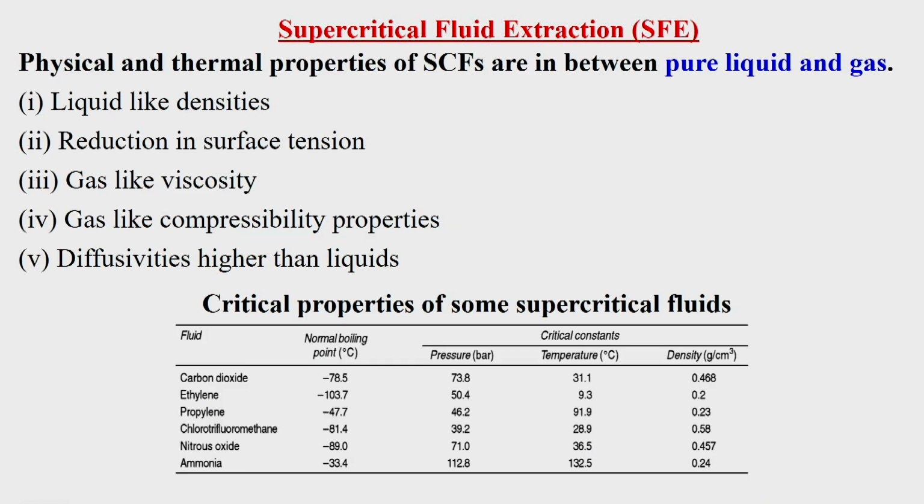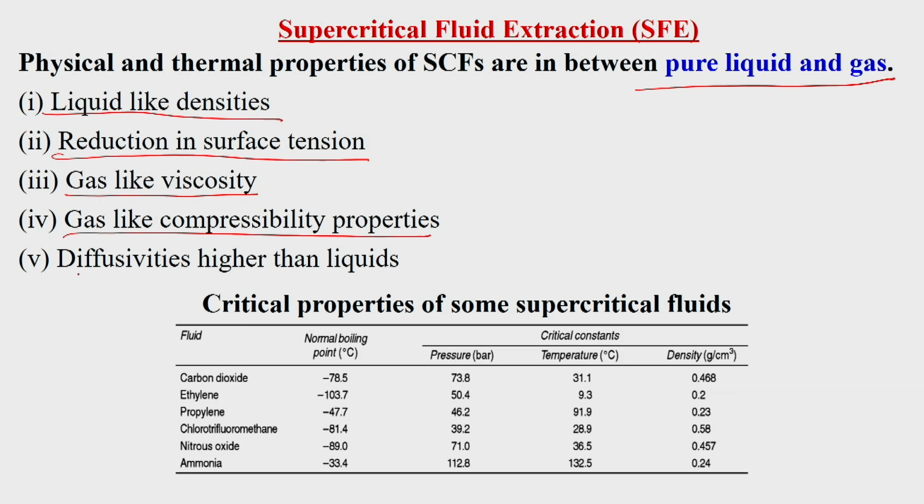The physical and thermal properties of supercritical fluids are in between those of pure liquid and gas. That is why it has liquid-like density, a reduction in surface tension, gas-like viscosity and gas-like compressibility, and diffusivities higher than those of liquids.